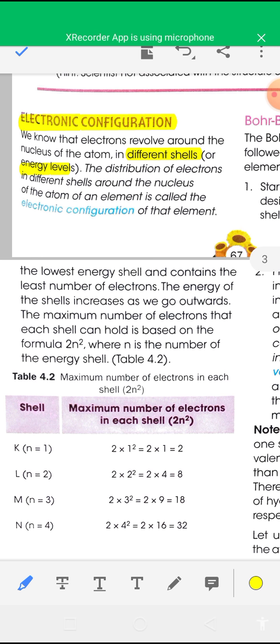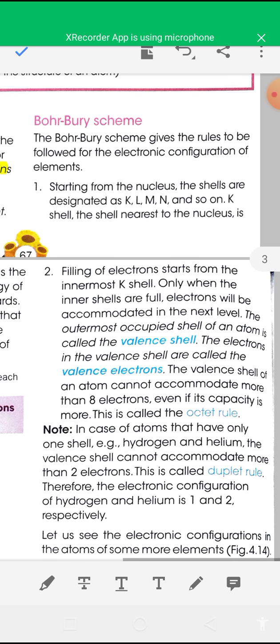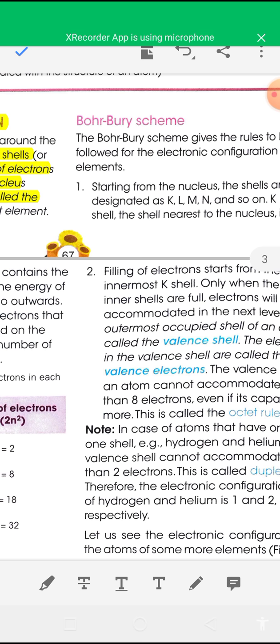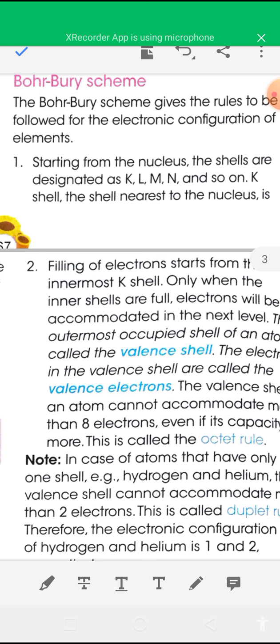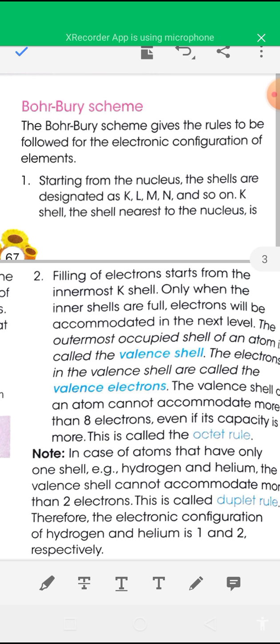So the distribution of electrons in different shells around the nucleus of an atom is called its electronic configuration. You have to study how to represent and arrange the electrons in different shells, different orbits.